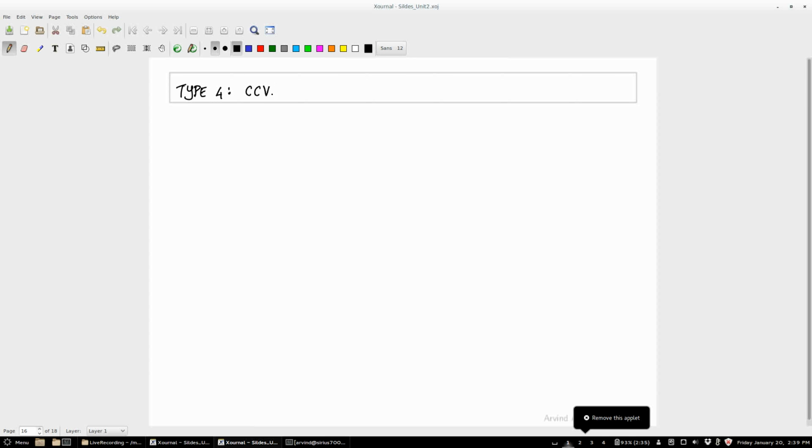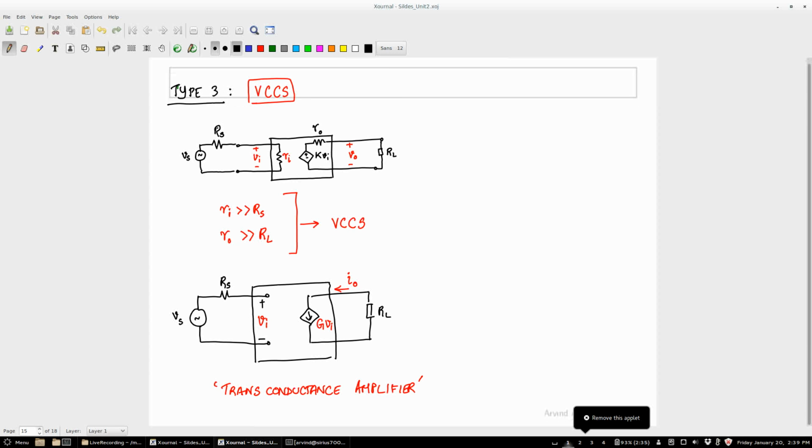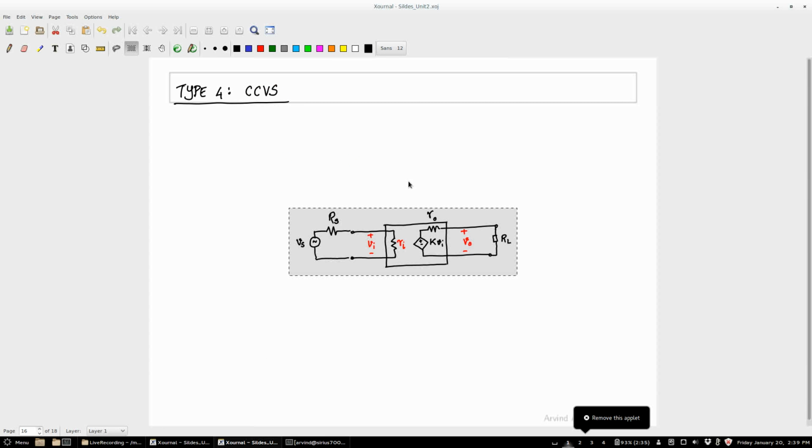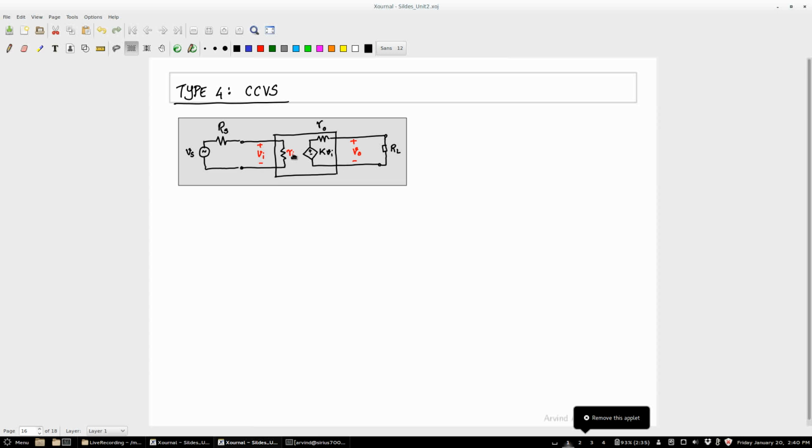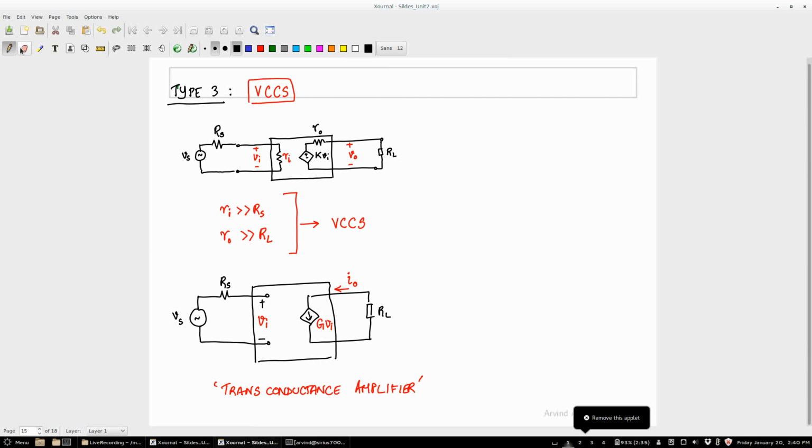And then now that you have this, I can go to the next type, which will be, which one have we left? Type would be current control voltage, right?